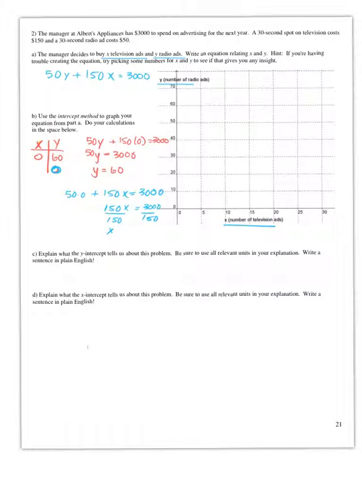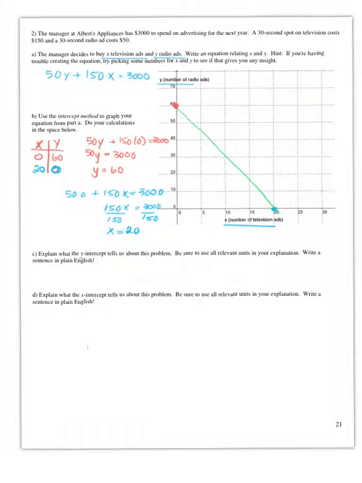X will be equal to 20. Now we have our points, 20, 0, and 0, 60. We can plot those 2 points and connect the points to have a nice straight line.